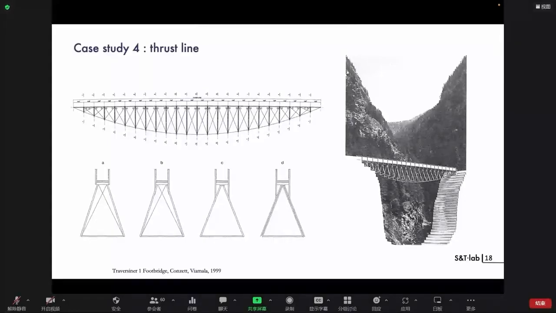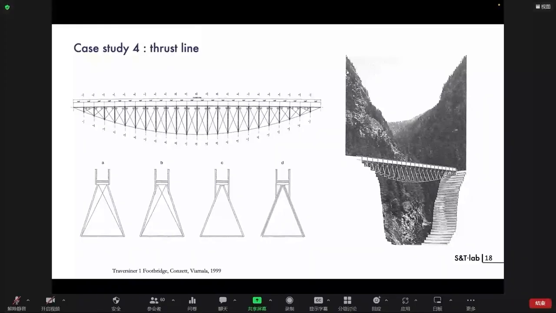Another example case study is this first version of the Traversener bridge. So this is the bridge that was destroyed by falling, and this bridge connects both sides of a valley with a span of 47 meters and an inclination of 6%.